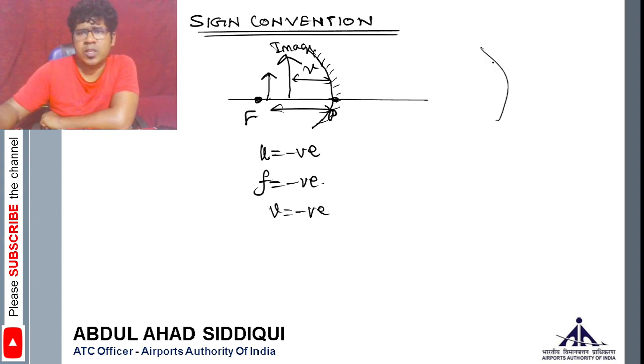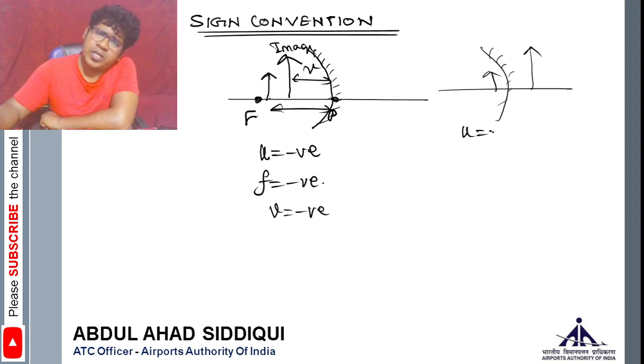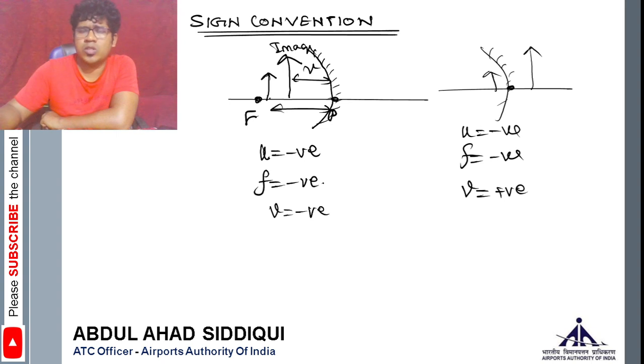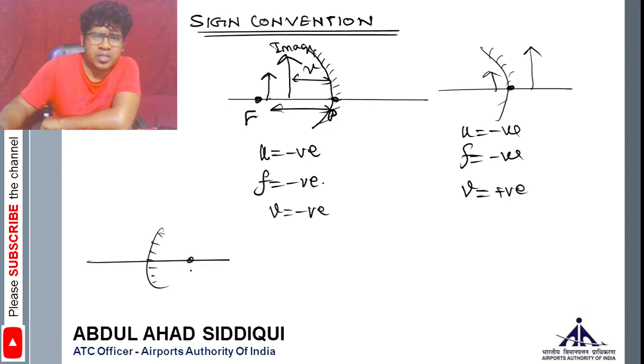Let's say the mirror is this way, such that your object is placed here and your image is formed here. In this case u will be negative, focus will be negative, but v will be positive because it is to the right of the origin, the pole. Second, let's say you have a convex mirror. In a convex mirror, the focus will be in this direction and the center in this direction.